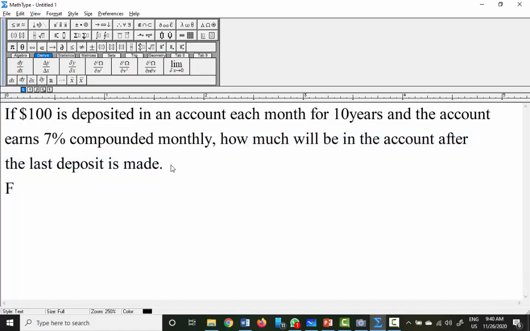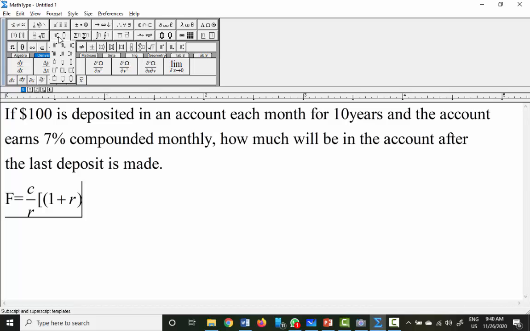As you already know, the future value of annuity formula is F equals C divided by R, bracket, 1 plus R, bracket, power T, minus 1, bracket close.